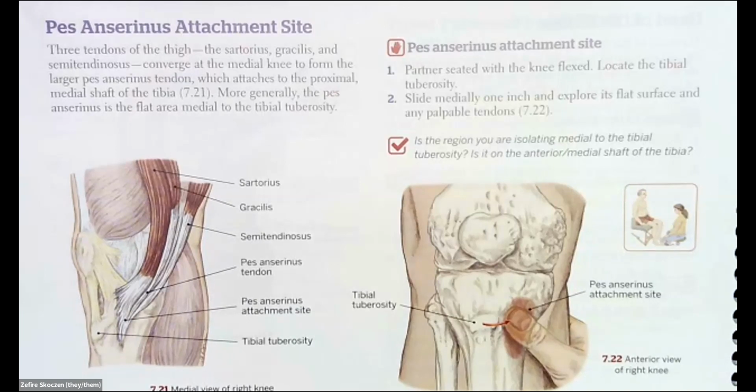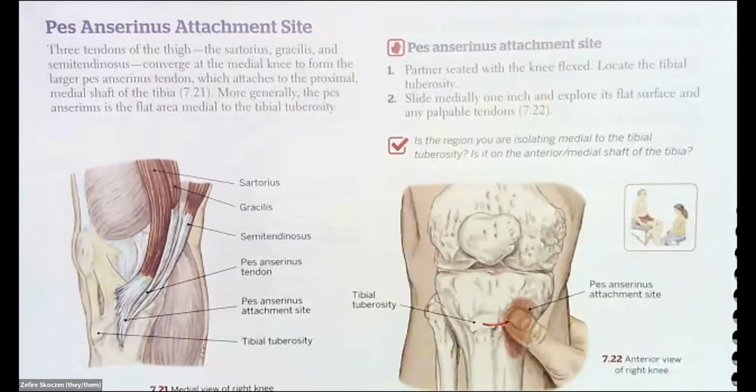In the front, right below the patella, there's that bump that sticks out, right? Then go about 1 inch medially to that, and it's probably going to be tender. So feel in there. You'll feel it's kind of flat and usually tender, and you may feel tendons in there.